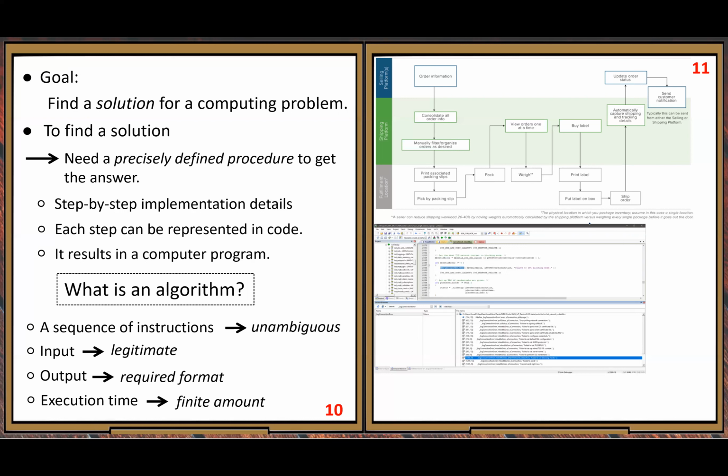Finite amount is the minimum requirement, but you need it to be acceptable to your users. Your users feel, oh, that's fine, I can take it. So this solution, the response time in this certain amount of time units, I can take it.